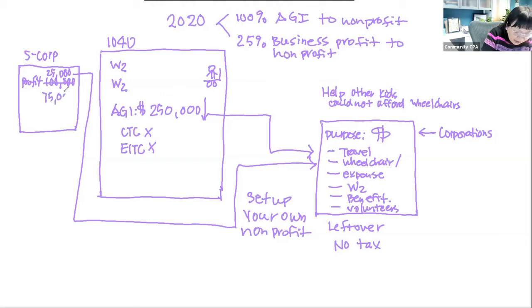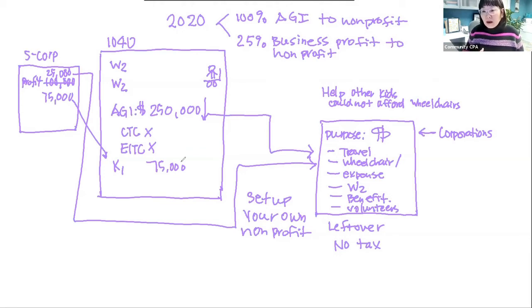I have $75,000. When I pass that on to my tax return as K-1, I pay less taxes, right? So nonprofit. And if you can discover what you stand for and what your purpose is, that nonprofit will be a very good way to use your dollar efficiently to accomplish a certain agenda without paying taxes.